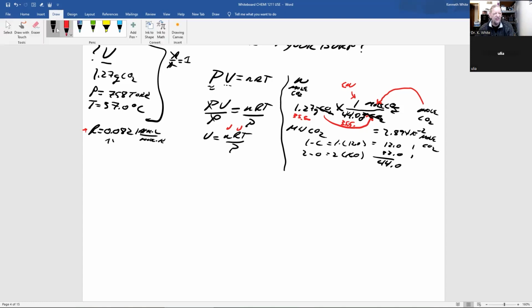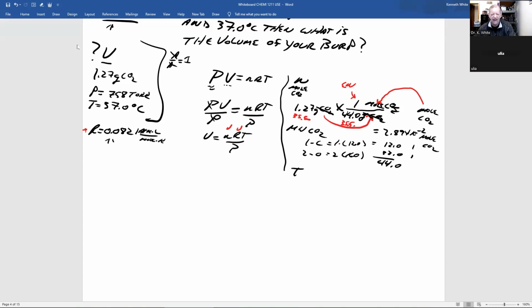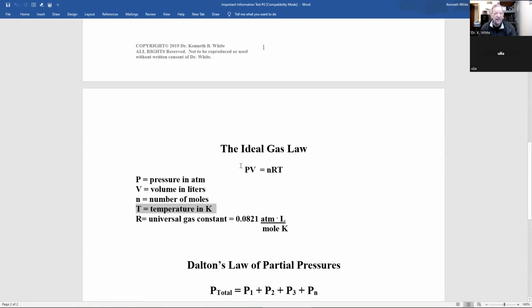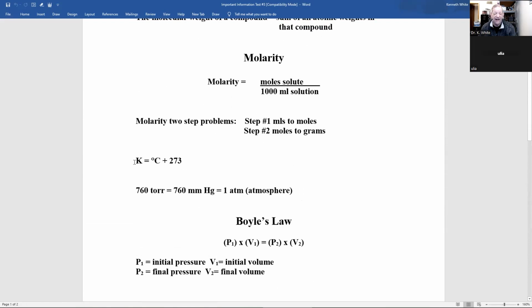Next, we'll need temperature. And temperature, let's go back to important information, test number 3. Temperature has to be in Kelvin. In case you forgot, Kelvin equals degrees C plus 273.